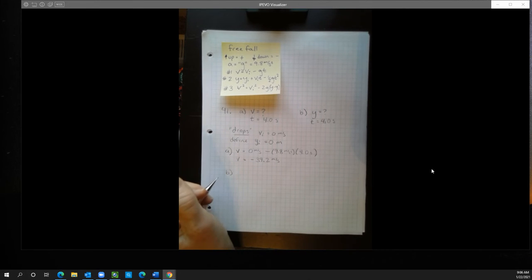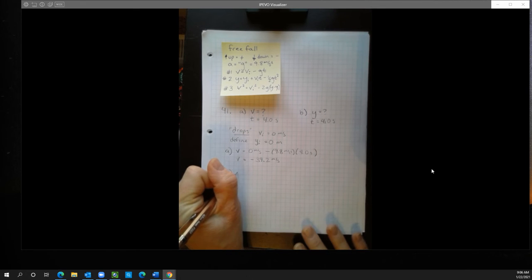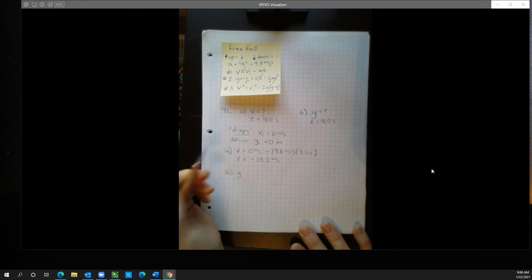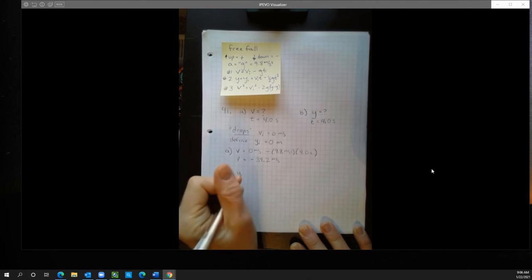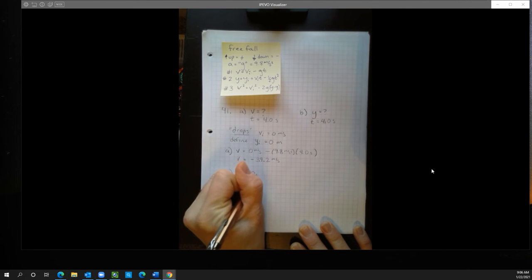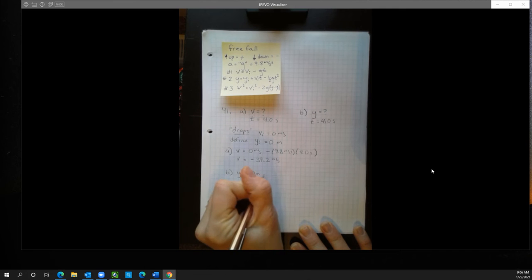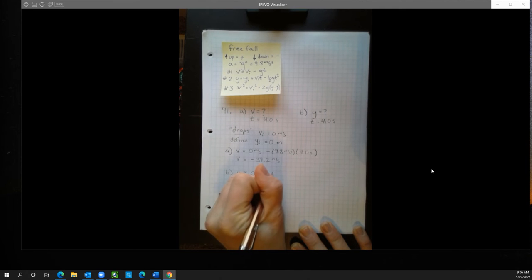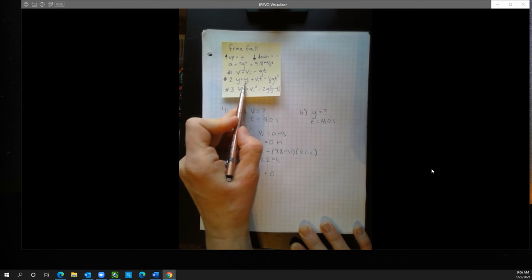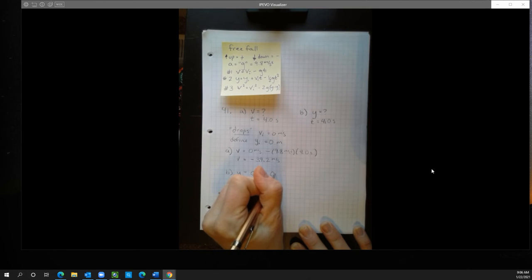For part B, we want to know how far it has fallen during this time. So we're going to use the distance equation, number 2. Starting position, we can define as 0. Starting velocity is 0. So 0 plus 0 times 4.